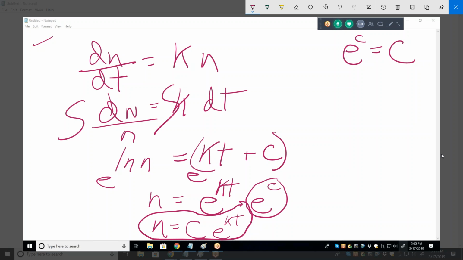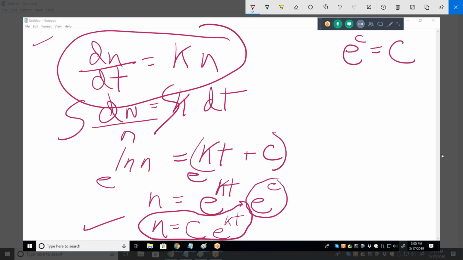There are literally millions of things that go on in the real world that follow this equation. In every single one of these, you have something whose rate of change, dn/dt, is directly proportional to the amount that's there. And this equation always solves to that equation right there.